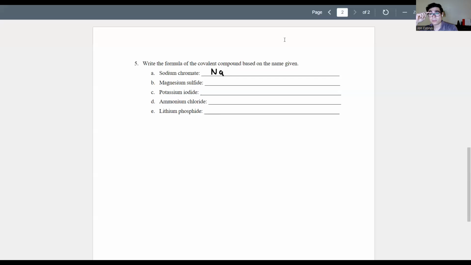Chromate is actually, let me write that here, CrO4, 2 minus.